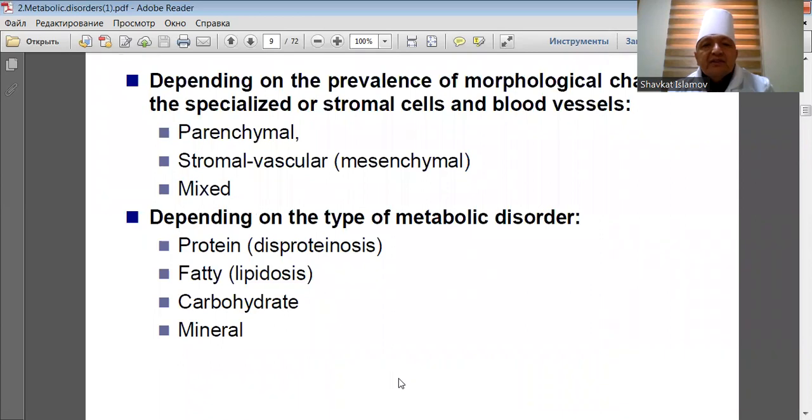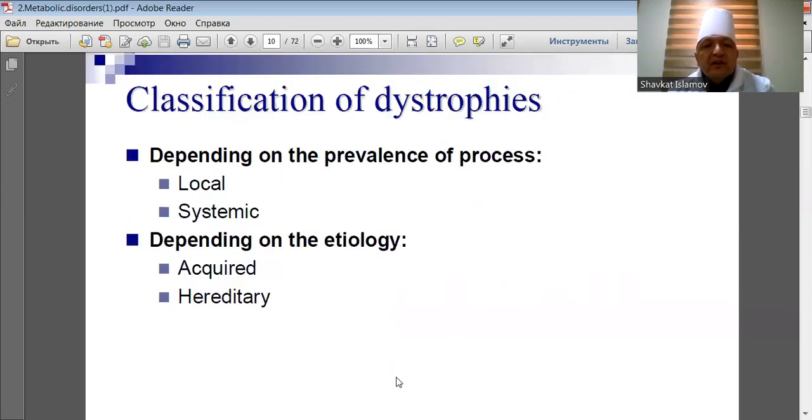Depending on the prevalence of the process: local, systemic. Depending on the etiology: acquired, hereditary.